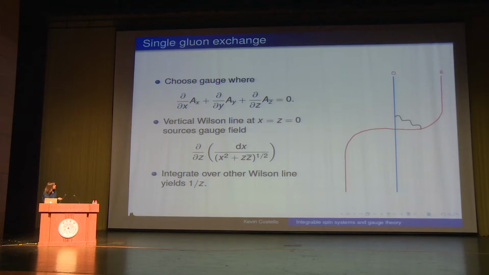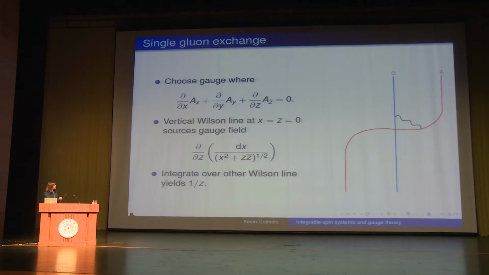If you were doing ordinary Yang-Mills theory, this would be electrostatics, and there would be one over r decay. Here, because it's a first-order theory, there's an extra derivative of z, so we find the gauge field it sources looks like this.